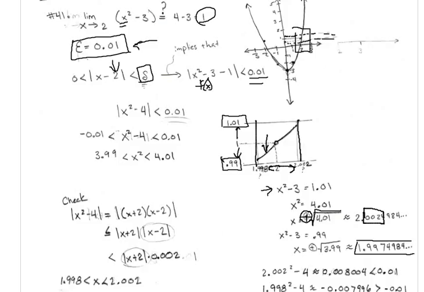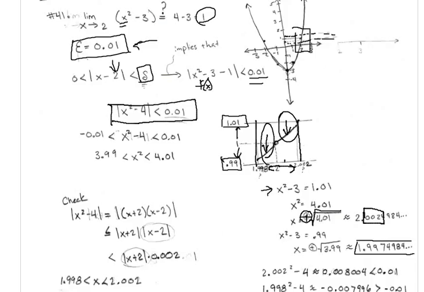At this point, I don't actually know that the rest of the function falls neatly within that, right? Maybe I could check whether this holds if I put my endpoints in there. So let's say I try out 2.002 squared minus 4.